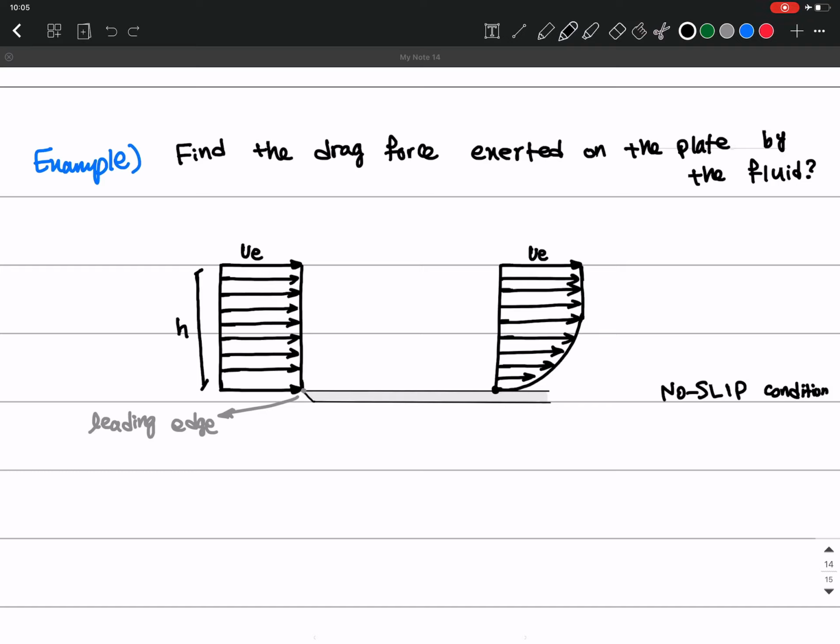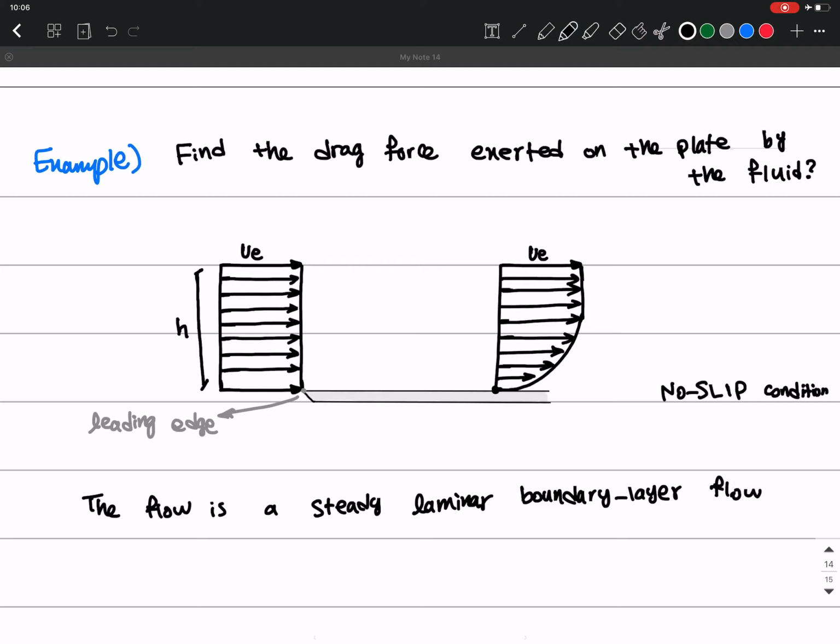So the velocity, or u, is a function of the vertical direction. Okay, so another assumption we have is that the flow is a steady laminar boundary layer flow.